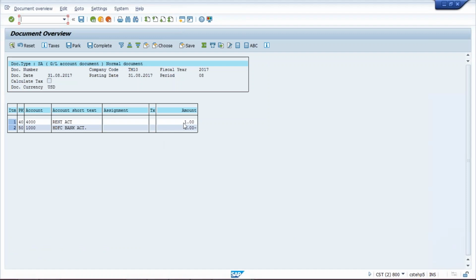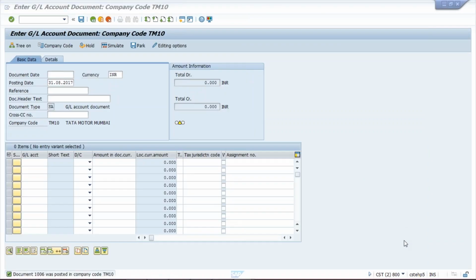So I have posted one, one, one means what? One USD. Now let me save this. I have posted this transaction now in US currency.